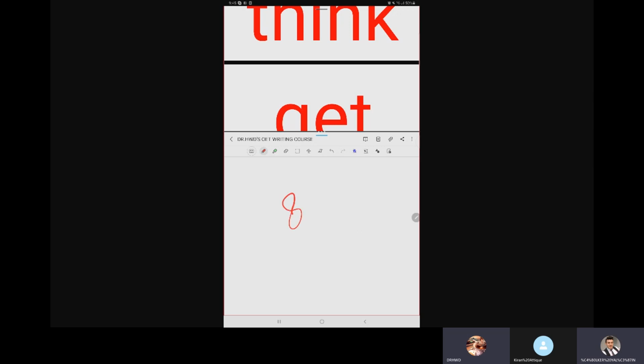The next word is "get", right? I'm saying that her condition is getting worse. How would you substitute this word?